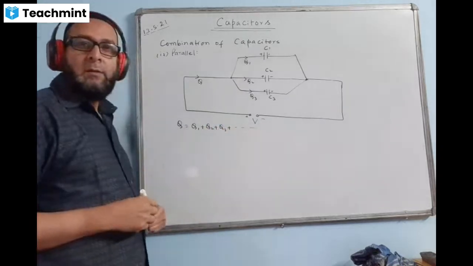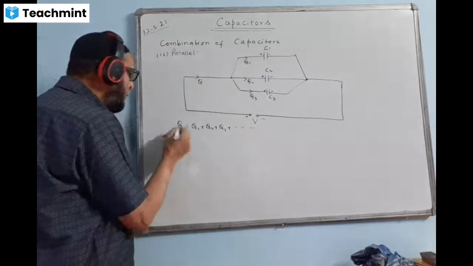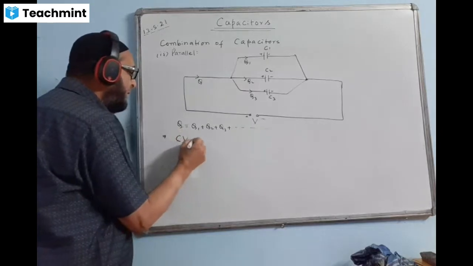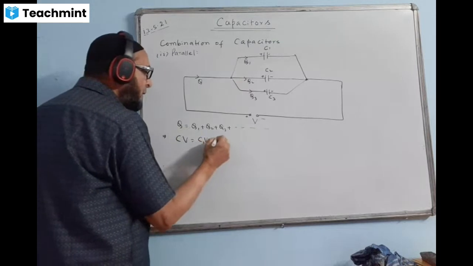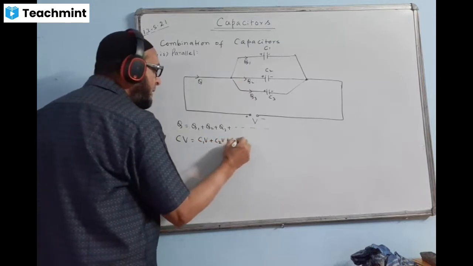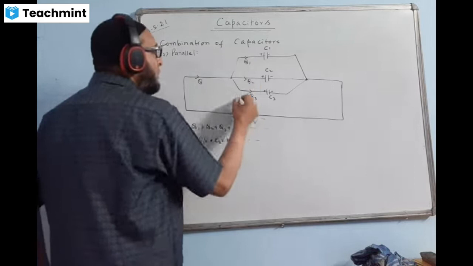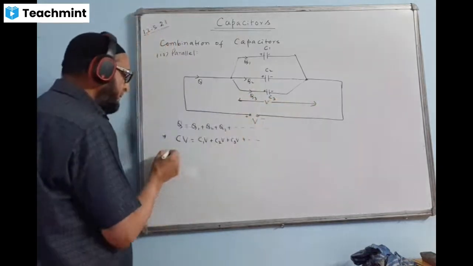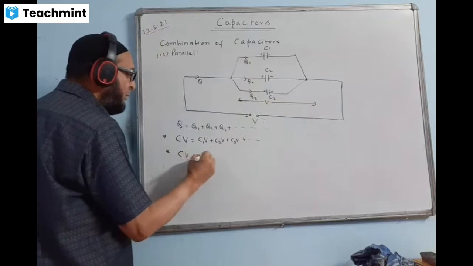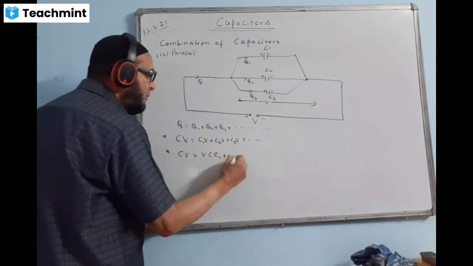Now, the Q formula we write as CV. Q1 I write as C1V, C2V, C3V, and so on, because potential is the same, V, everywhere. Right, CV here, V common, here you get C1 plus C2 plus C3 and so on.